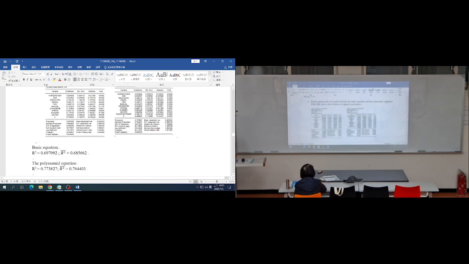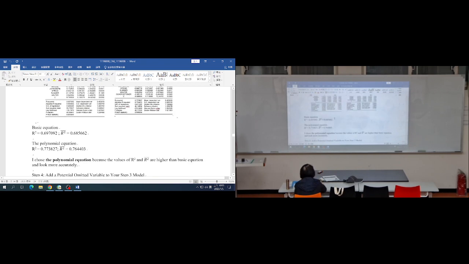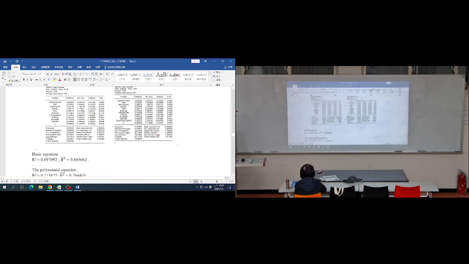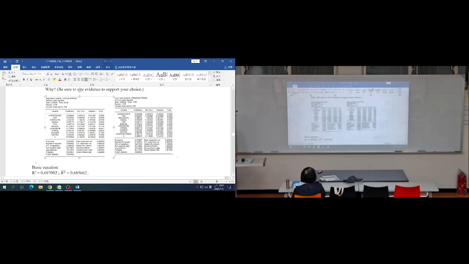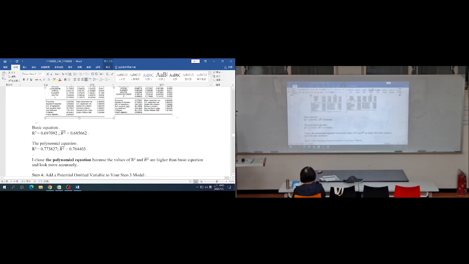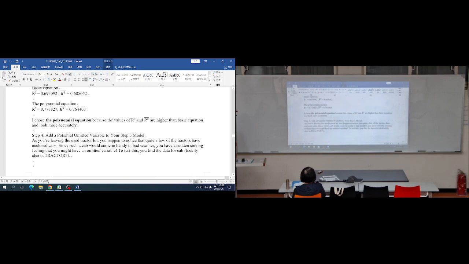So part D, we have the comparison between the basic equation and the polynomial equations. From the two results here, we also see that there is an increase between the R square and adjusted R square.